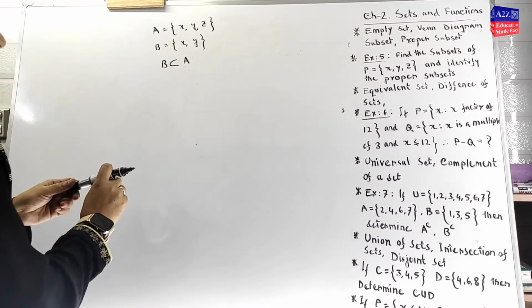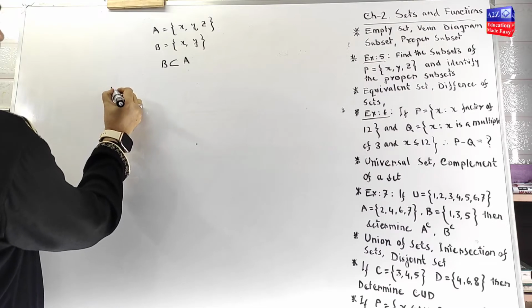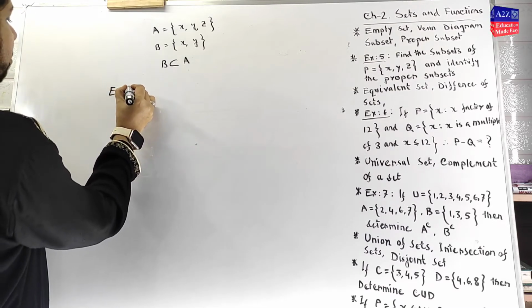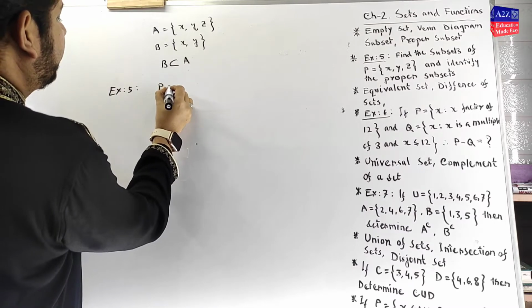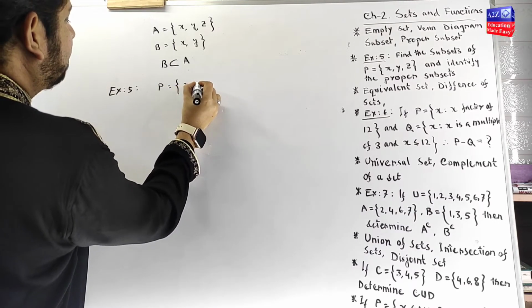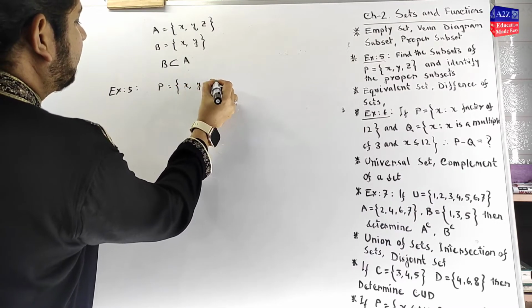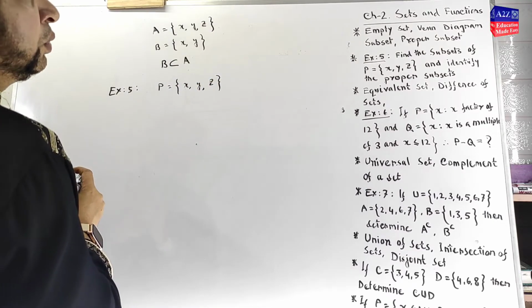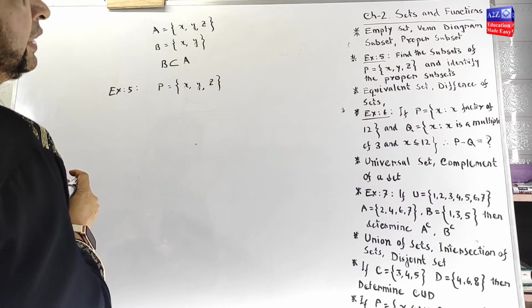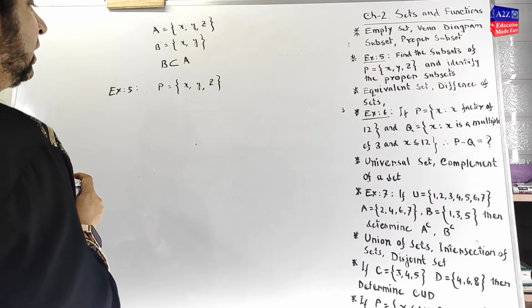So let's start. Example number 5. First of all, it is given that P contains the elements X, Y and Z. So I have to find out the subsets of P.